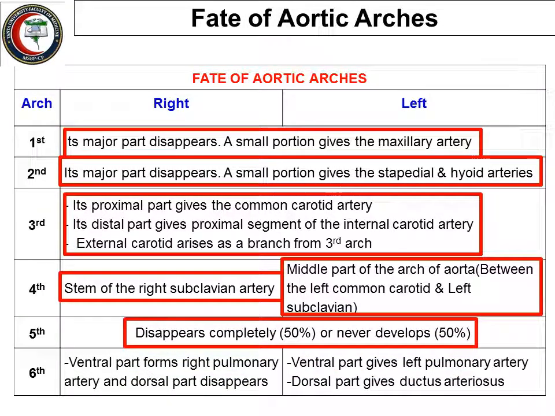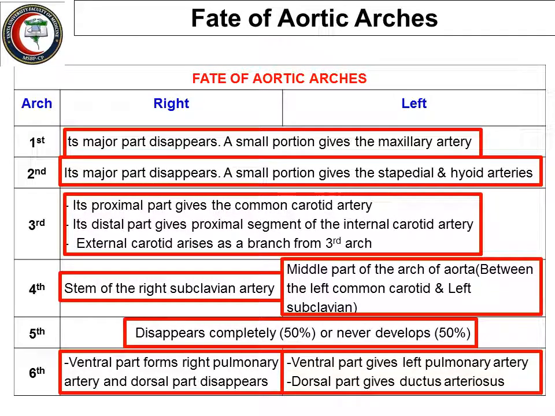The fifth aortic arch disappears completely in 50% of cases, or never develops in 50%. Now let us summarize the sixth aortic arch. On the right side, it is divided into ventral and dorsal portions; the ventral portion forms the right pulmonary artery, but the dorsal portion degenerates and disappears. On the left side, it is also divided into ventral and dorsal parts.